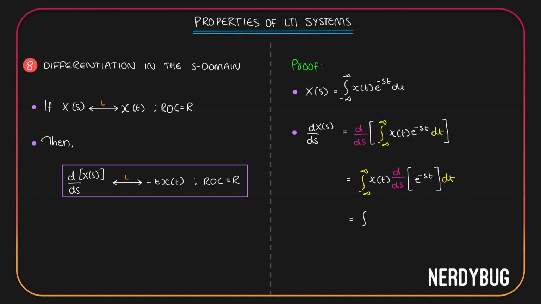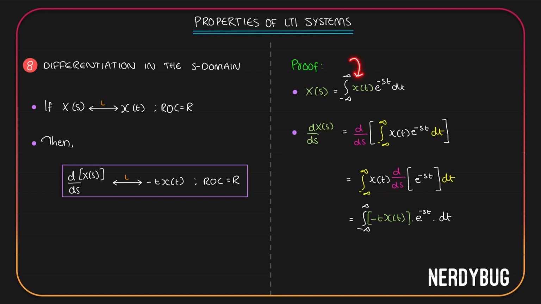So we get the integral from minus infinity to infinity of x of t multiplied by minus t e raised to minus st dt. Let us put x of t and minus t together. Now compare this equation with this equation. The only difference is instead of x of t, you have minus t x of t.